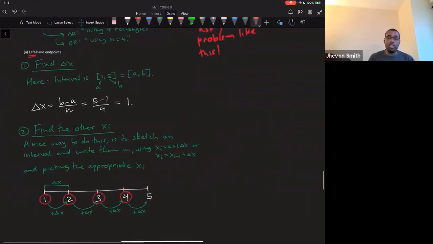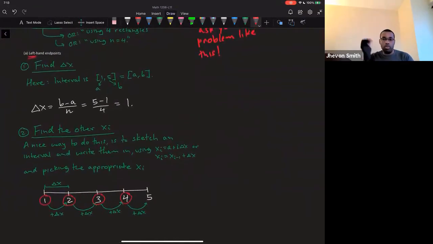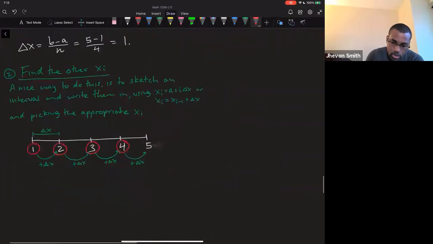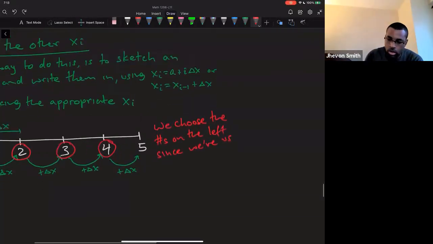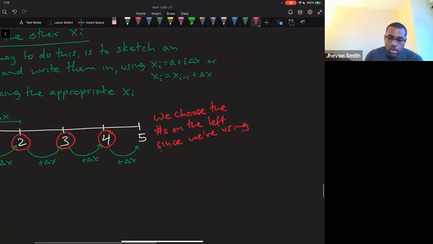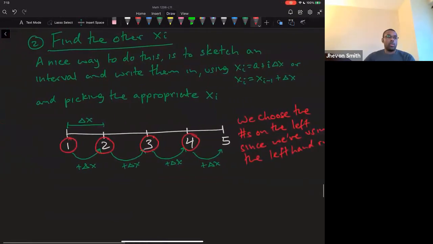I pick the guys on the left because it's the left one, right? So those are the numbers I'm going to pick.